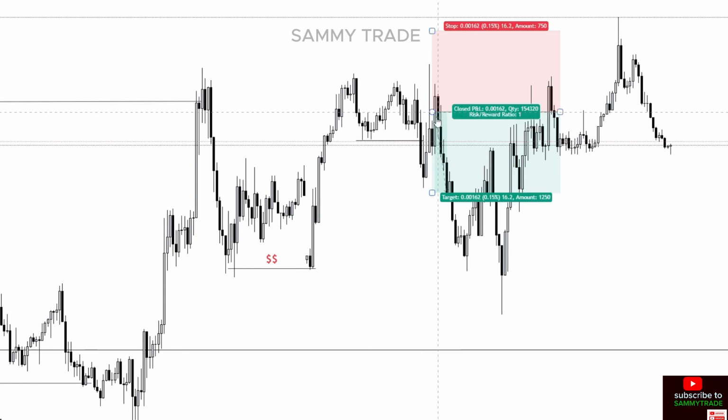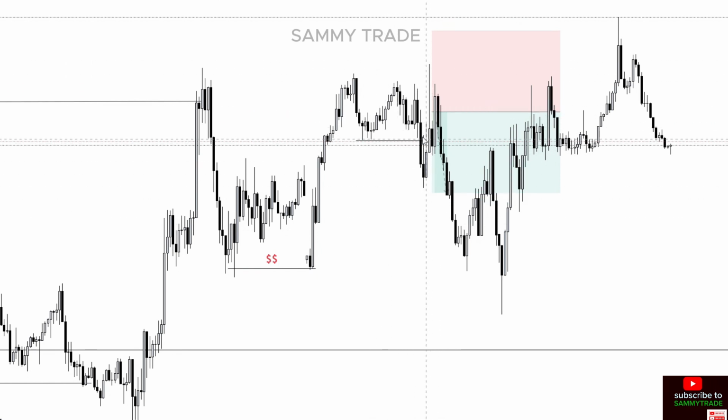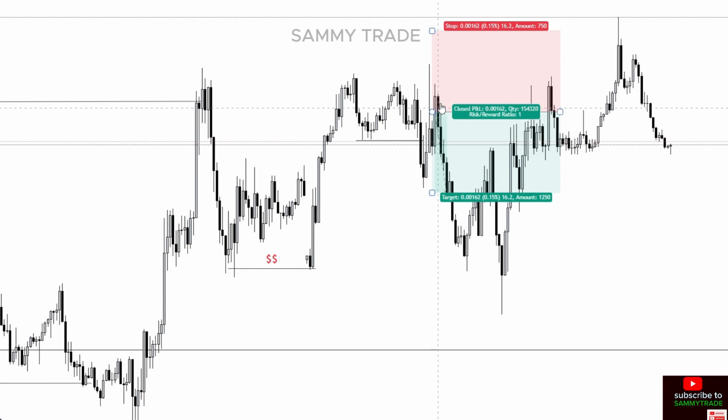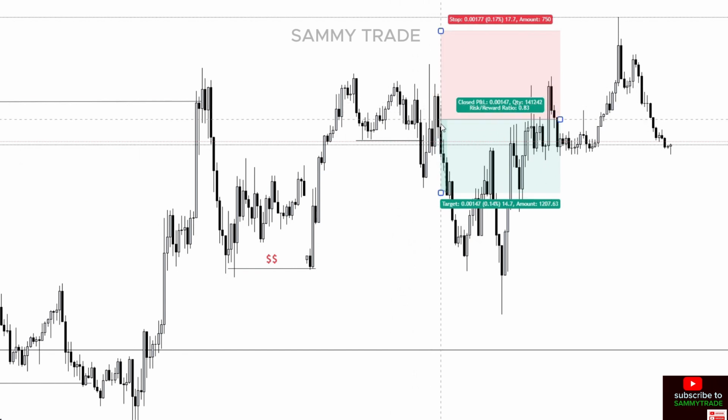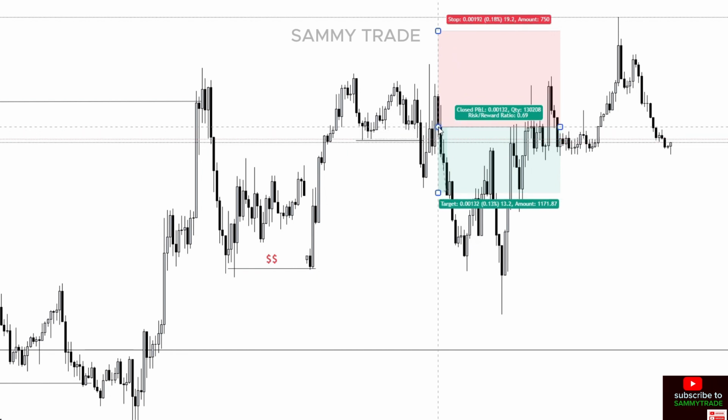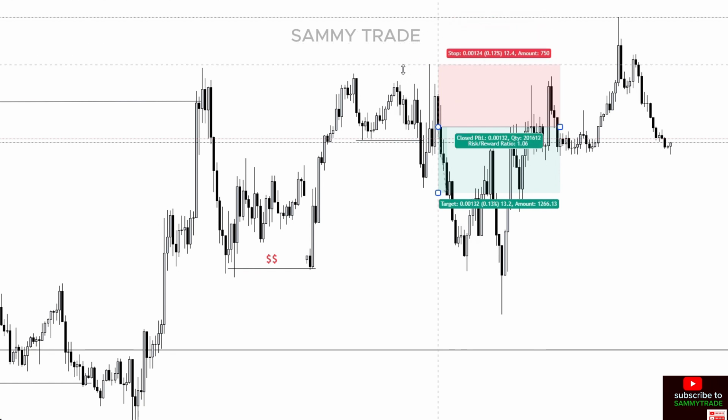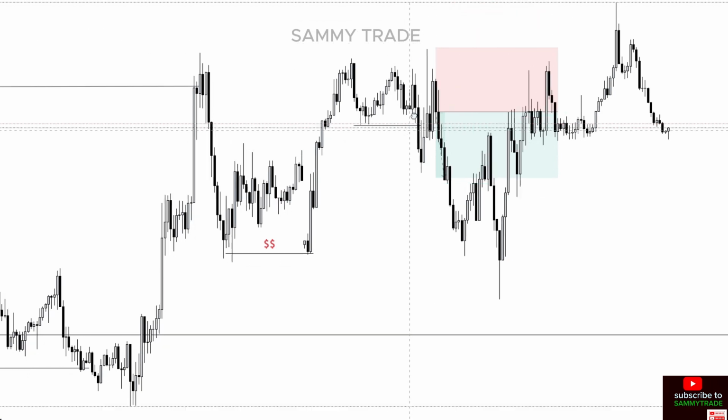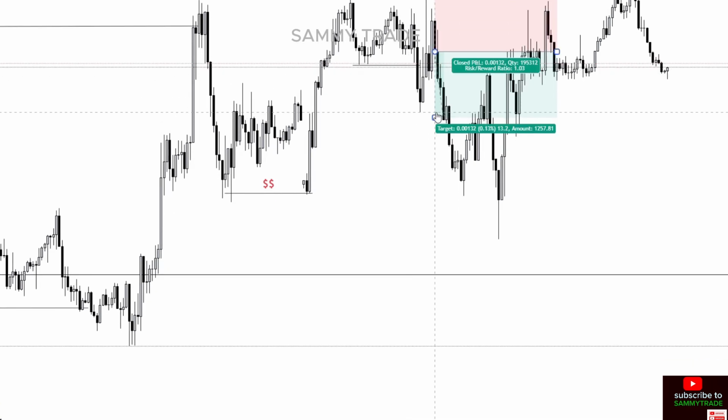I don't know if you can see this, a mini shift of structure right here. So I waited for the pullback and I entered immediately I saw this bearish engulfing candlestick, this huge candlestick right here, and I placed my stop loss above this high here, and my take profit below this double bottom.